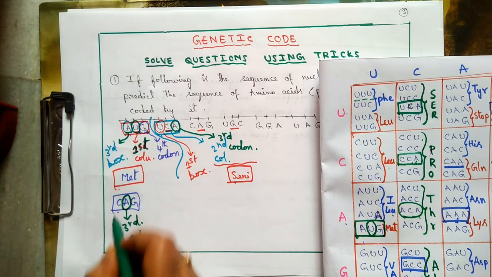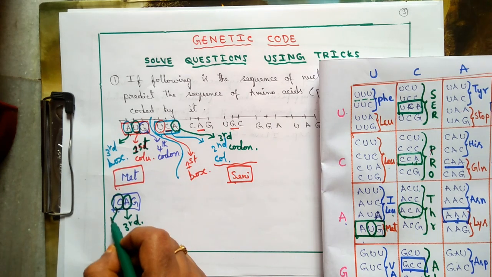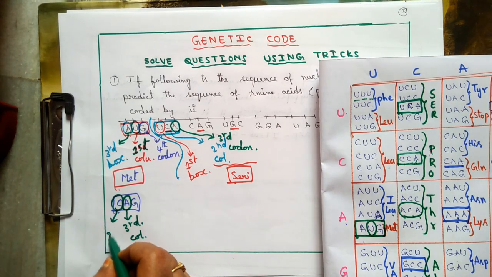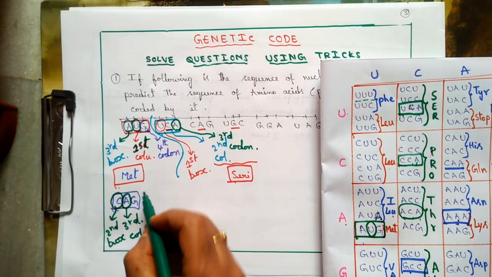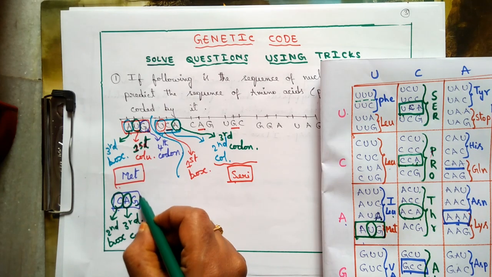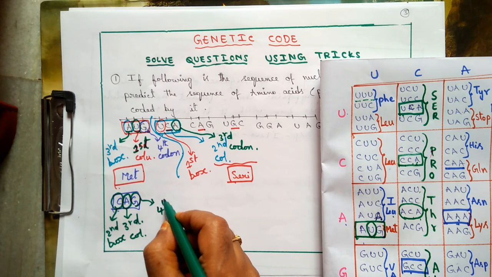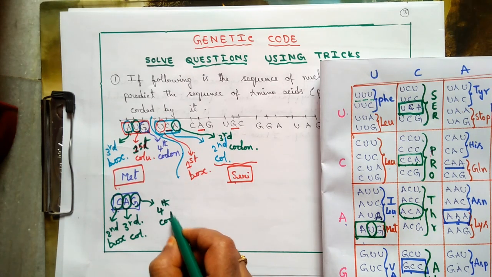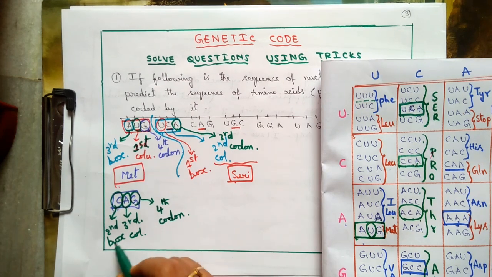The first base is C, so it is present in the second box, UCAG, second box. Now observe the third base, G. So it is the fourth codon, present in the second box of the third column.